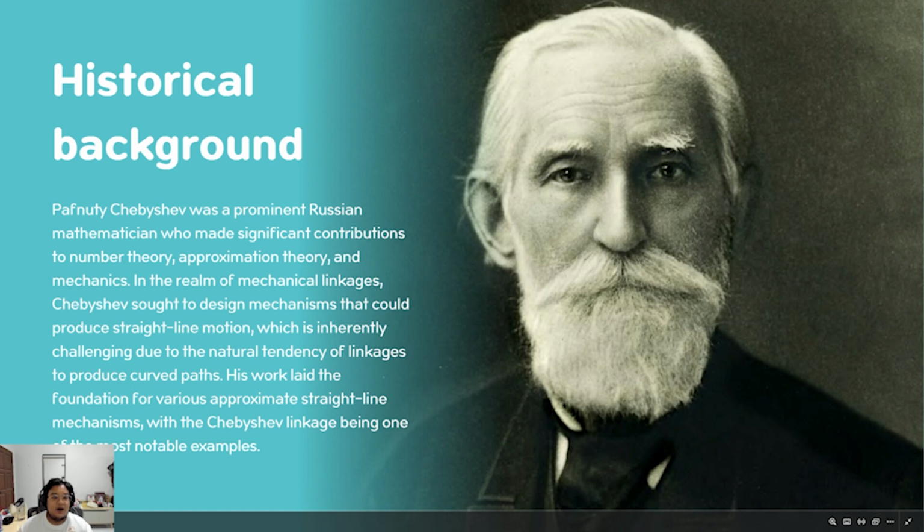In the realm of mechanical linkage, Chebyshev sought to design mechanisms that could produce straight-line motions, which is inherently challenging due to the natural tendency of linkage to produce curved paths. His work laid the foundation for various approximate straight-line mechanisms, with the Chebyshev linkage being one of the most notable examples.